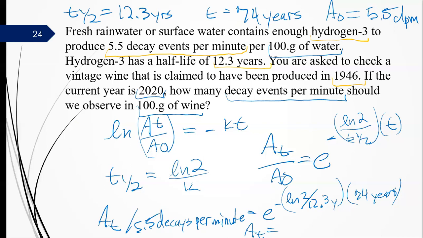I think there's something wrong with my calculator, but I got like 0.0028. So I have a little bit more than 0.0028.